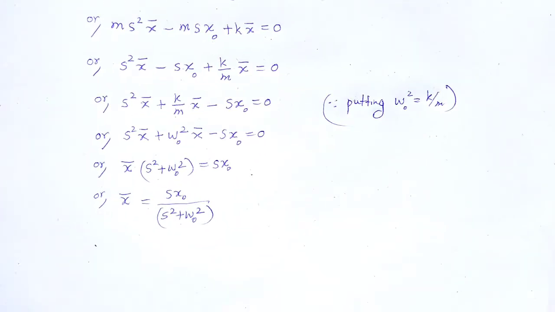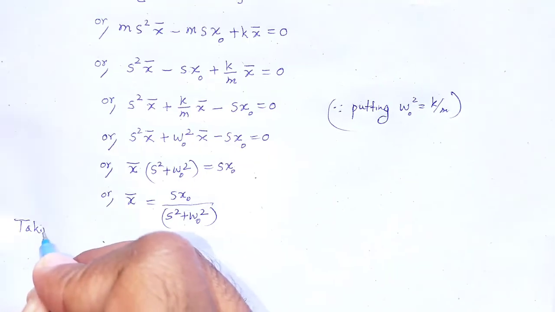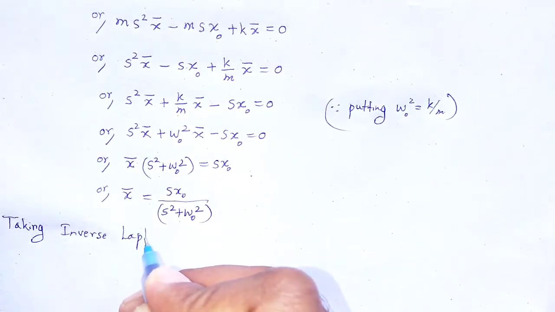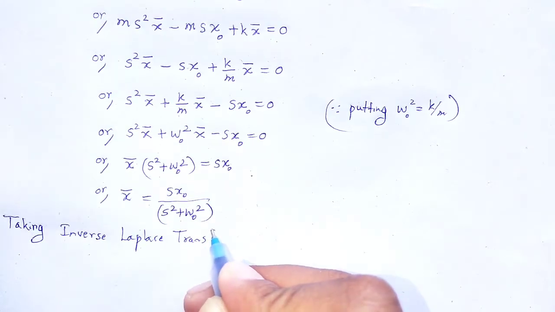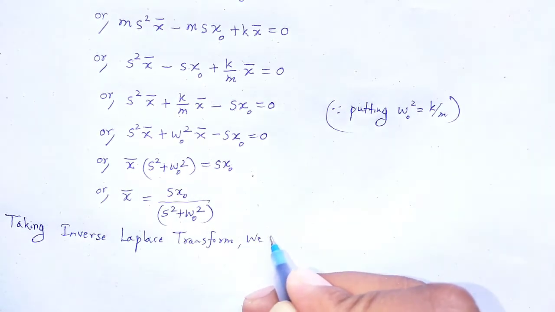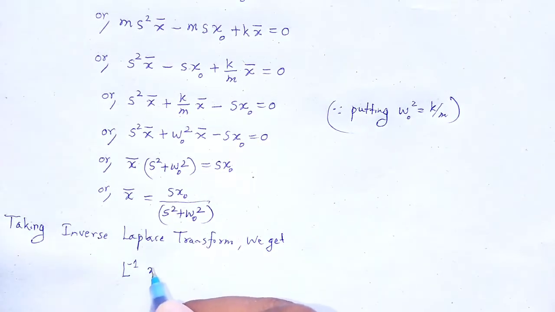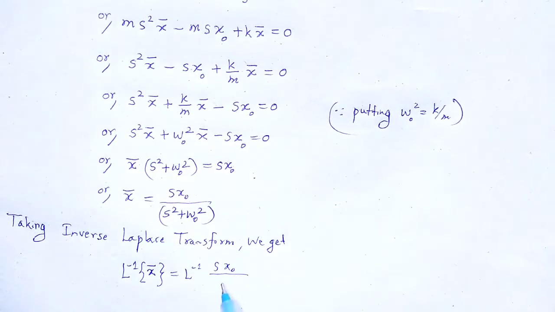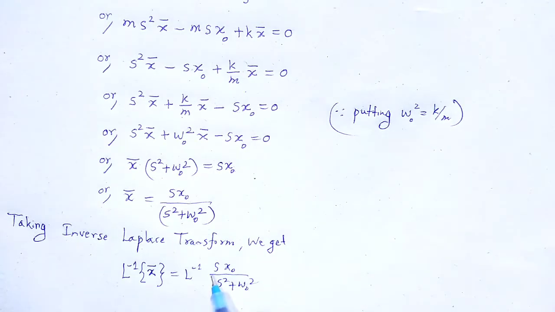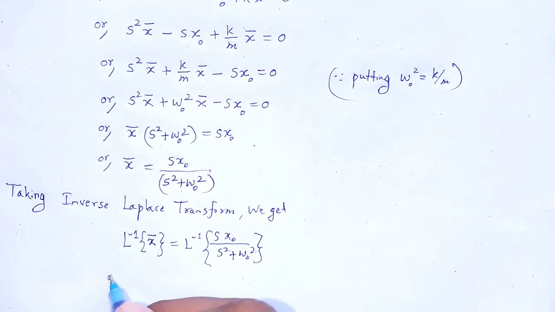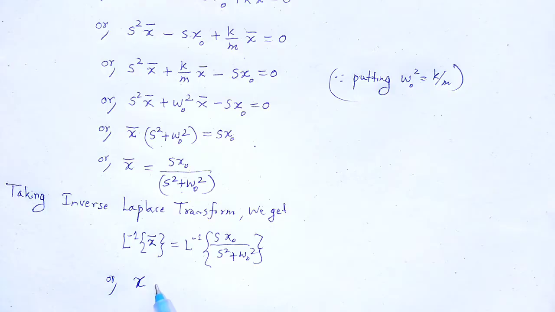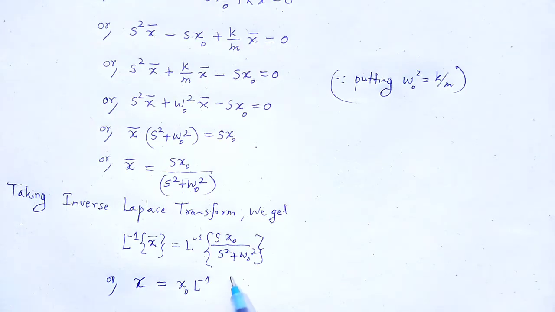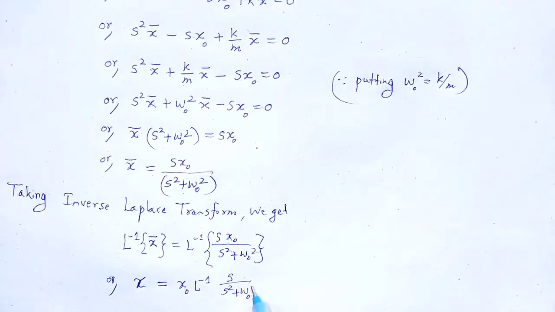So taking inverse Laplace transform, we get L inverse of x bar is equal to inverse Laplace transform of s x naught divided by s square plus omega naught square, or inverse Laplace transform of x bar, which was equal to x, is equal to x naught, constant outside, inverse Laplace transform of s divided by s square plus omega naught square.